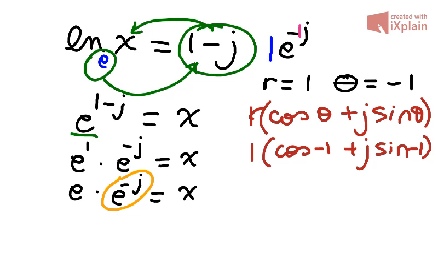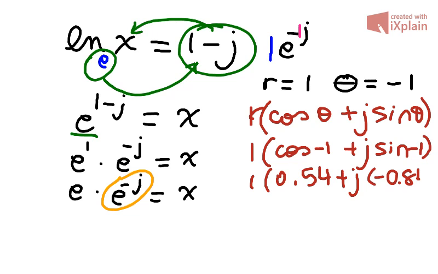Doing the calc, cosine of negative 1 radians, that gives us 0.54 plus j, then sine of negative 1, that's negative 0.84.